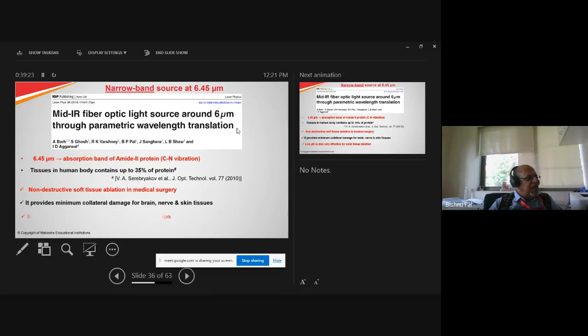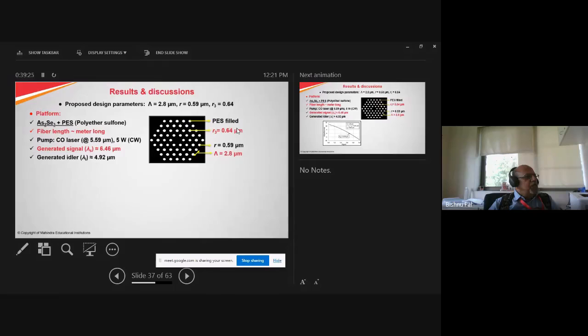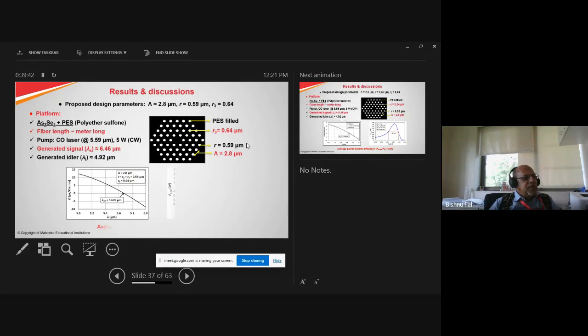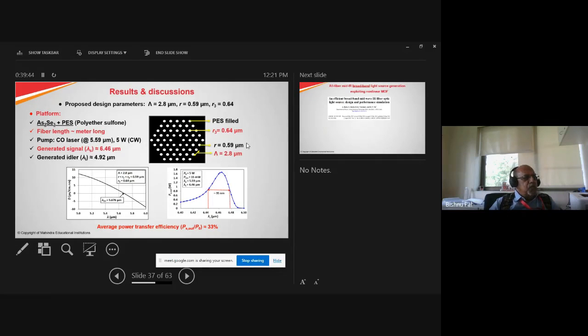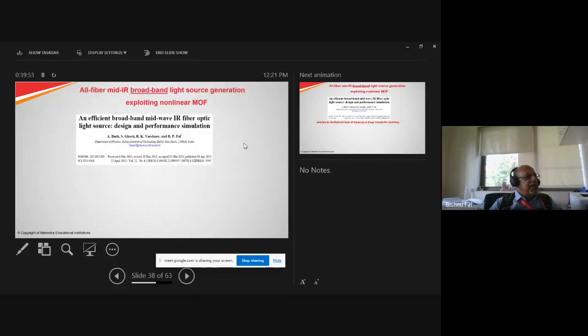So we designed another fiber, assuming a pump at the carbon monoxide laser, which is commercially available at 5.59 micrometer, so that the designed fiber zero dispersion is at 5.676 micrometer, close to the pump. We get a strong nonlinear photo mixing process and a generated output centered around 6.46 micrometer with a bandwidth of 35 nanometers. Average power transfer efficiency was 33%.